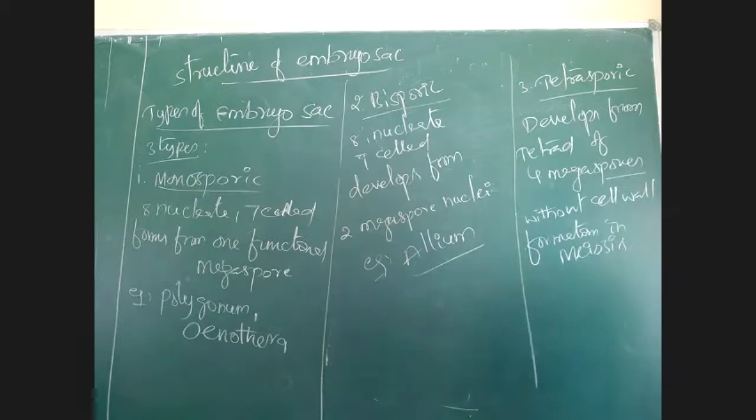Normally, meiosis results in a tetrad of megaspores. In that tetrad, 3 will degenerate, 1 will be functional, and each megaspore is covered with cell wall.